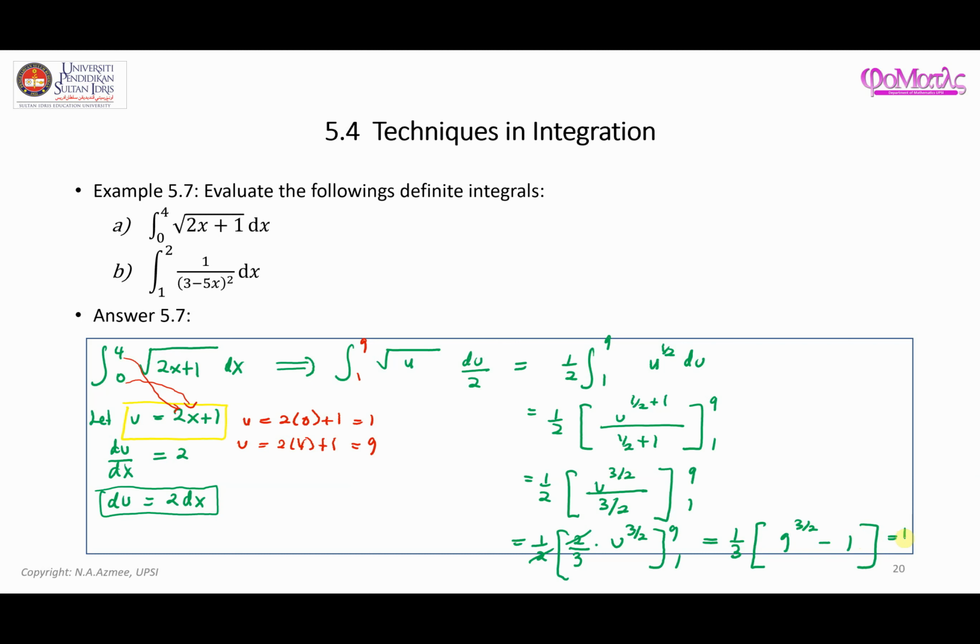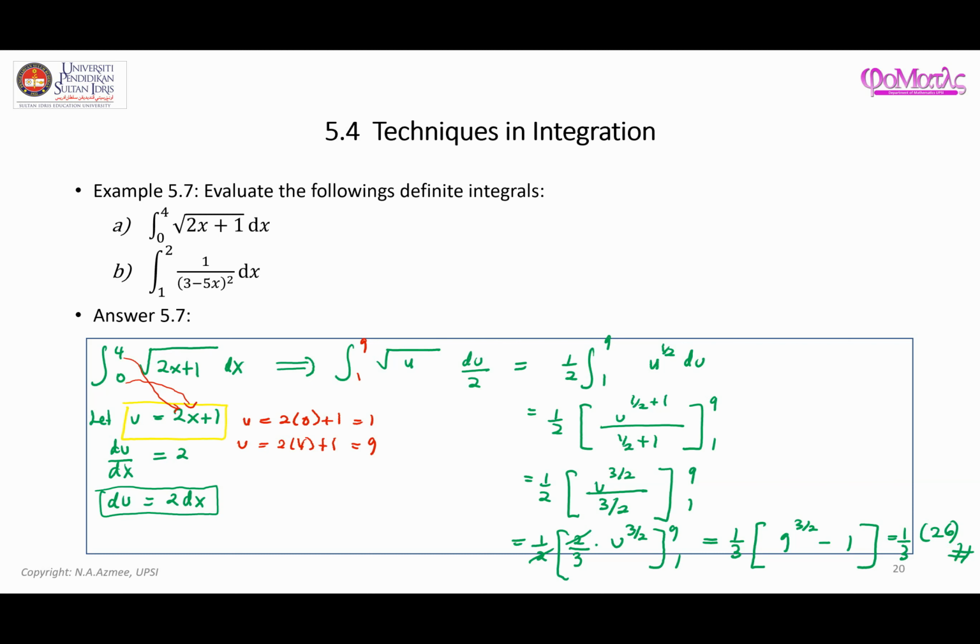And this becomes 1 over 3. The square root of 9 is 3, to the power of 3 is 27, 27 minus 1 is 26. So 26 over 3. Okay, so the answer is 26 over 3.